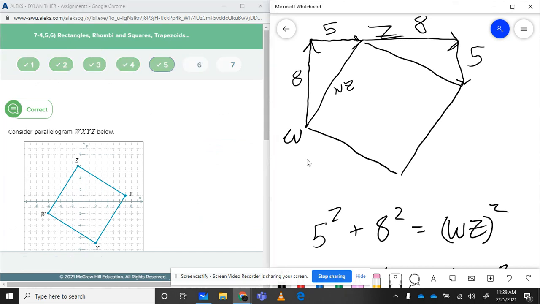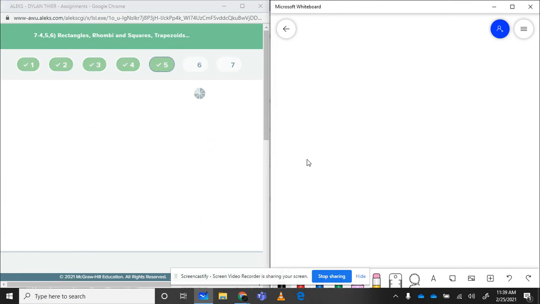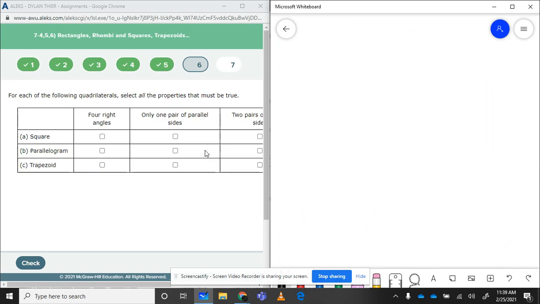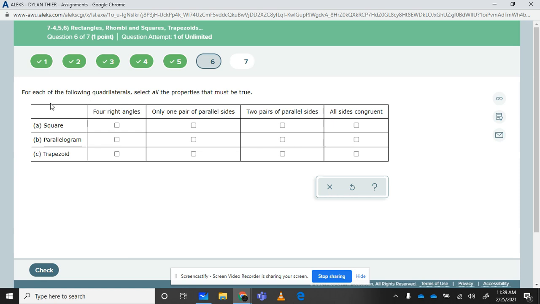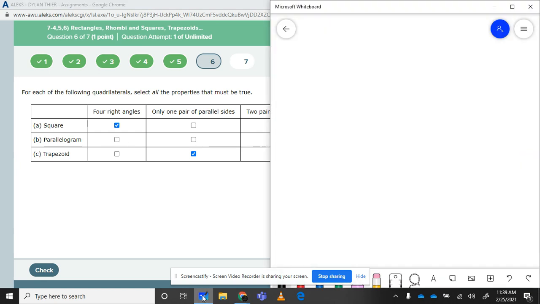Okay, some more classifying stuff. So let's see what we got. Squares have 4 right angles, yes. Parallelograms don't. Trapezoids don't. One pair of parallel sides, I think that is the definition of a trapezoid. A trapezoid looks something like this.